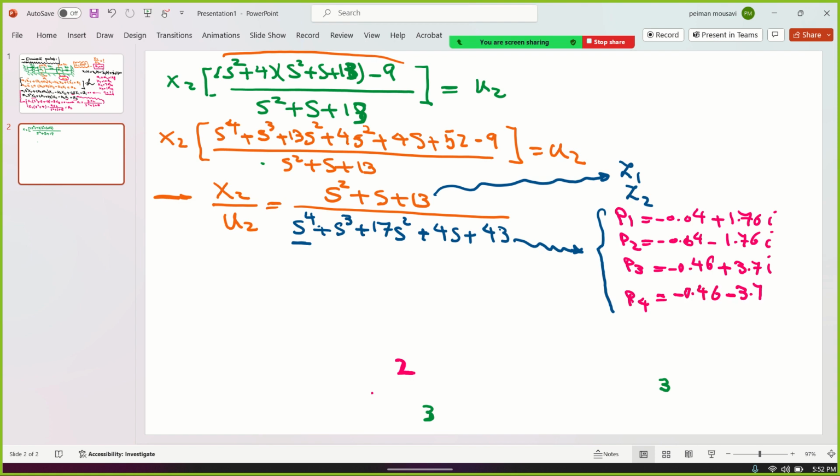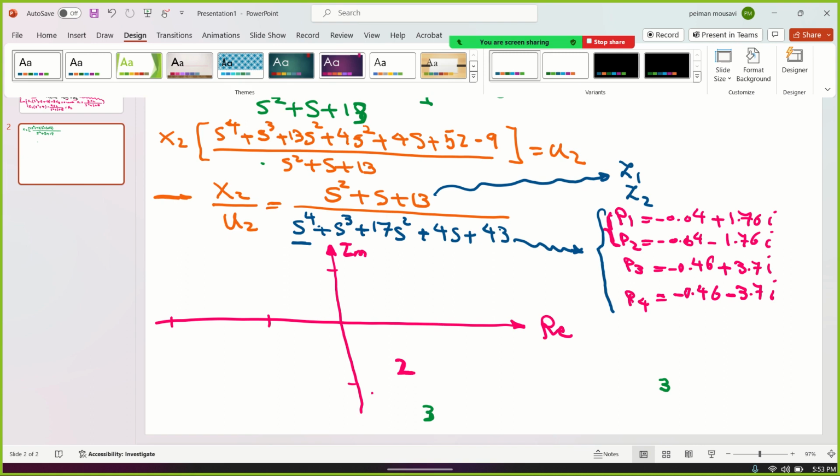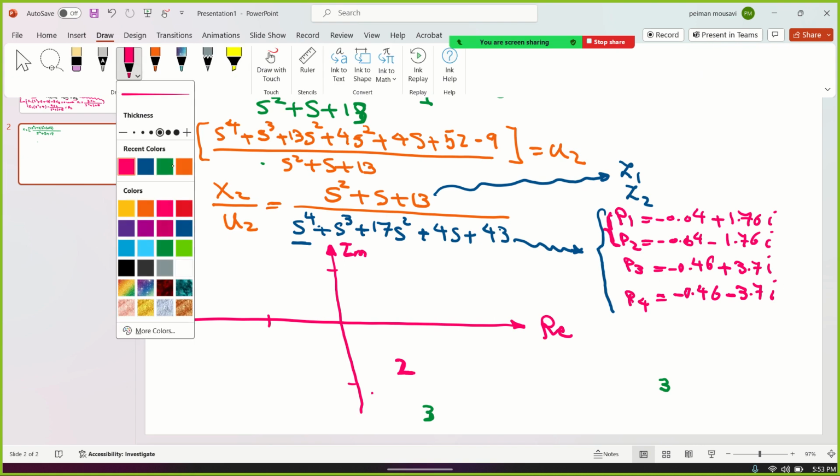Now I'm going to plot this in the complex plane, guys, with the imaginary and the real axes. This is say 1, 2. This is 1, 1. So the first pair of complex conjugate poles, if I want to plot it here, it's going to be like this, guys.